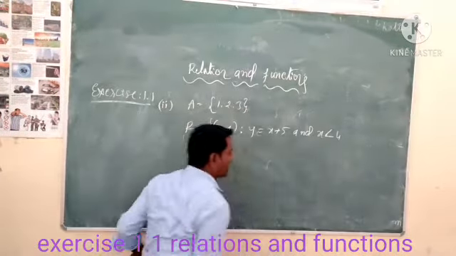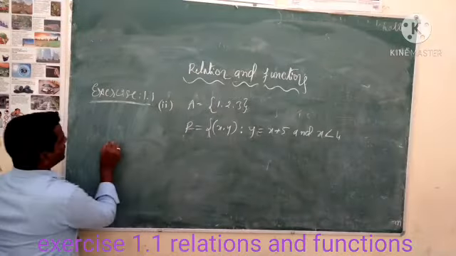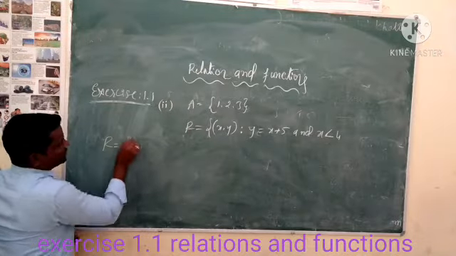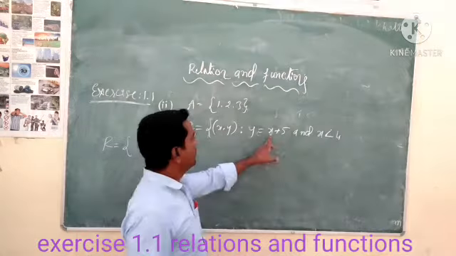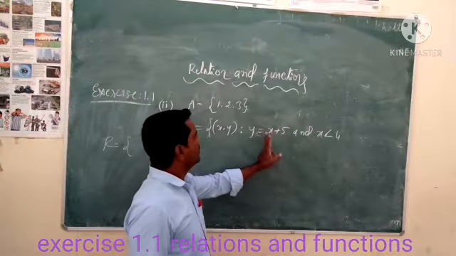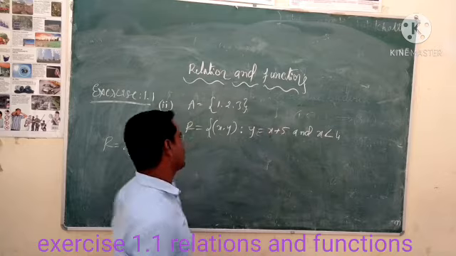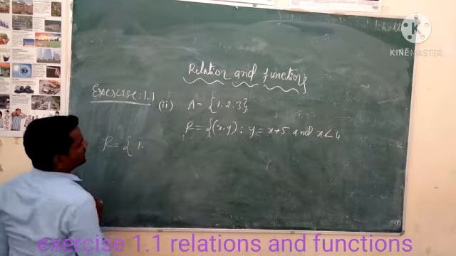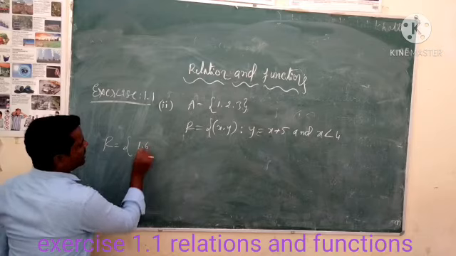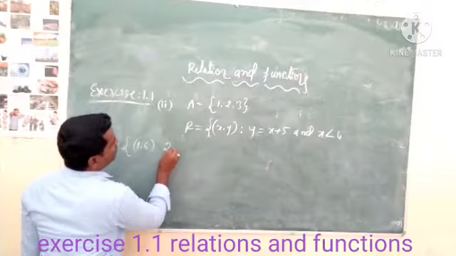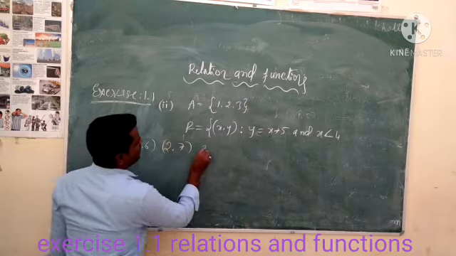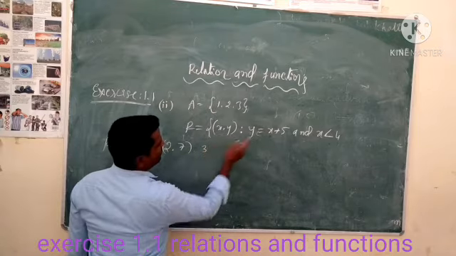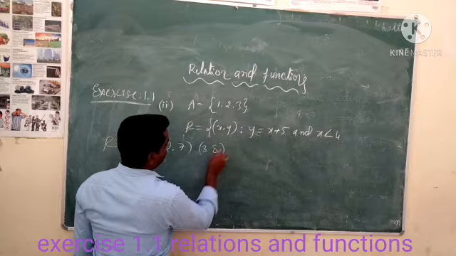Now we can write R. If x value is 1, what do we get for y? 1 plus 5 is 6. That means x is 1, y is 6. Next, x is 2, y is 7. If x is 3, y is 3 plus 5, 8.